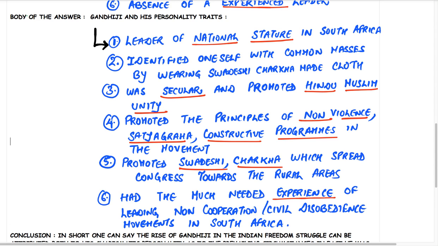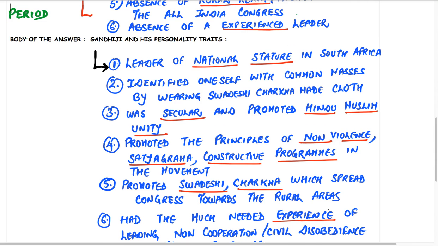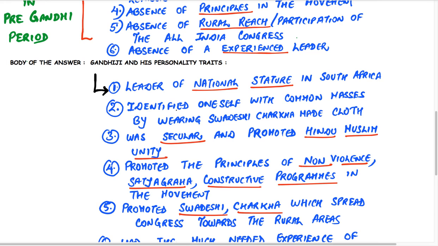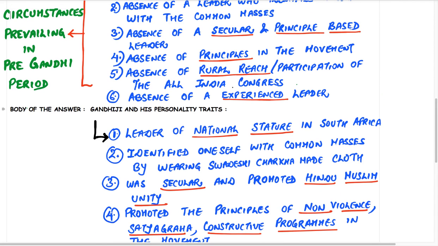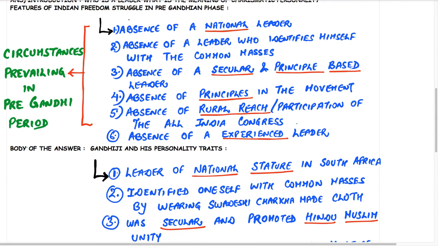Now have a look at how I have approached the answer. The first personality trait of Gandhiji is filling up the first gap of the Indian freedom struggle before his arrival. He was a leader of national stature in South Africa, and India at that time was in need of a national leader.